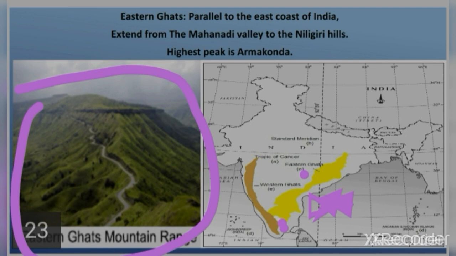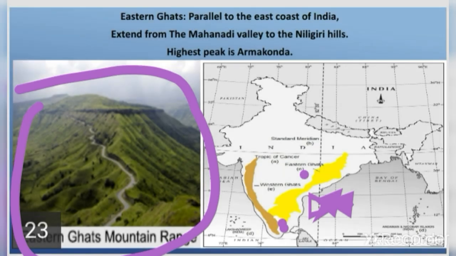The highest peak in Eastern Ghats is Armakonda. And in Western Ghats, which is the highest peak? Annamalai Hill is the highest peak in South India, and also in the Western Ghats.